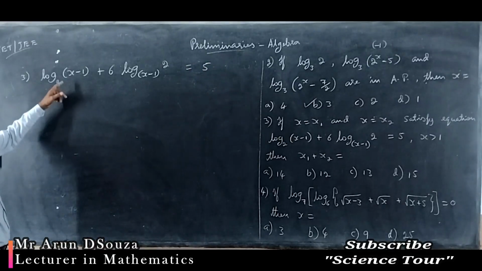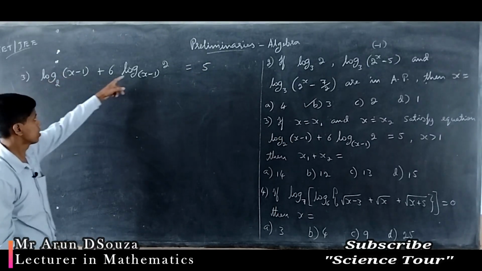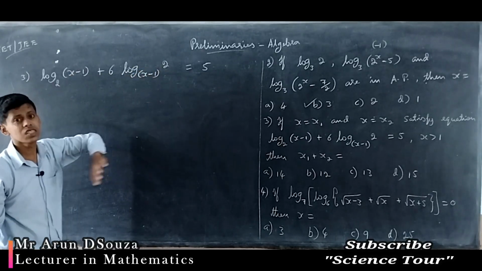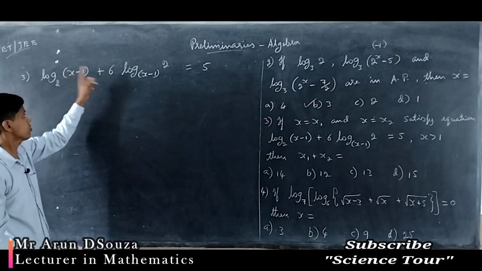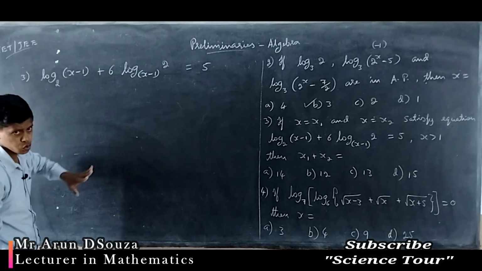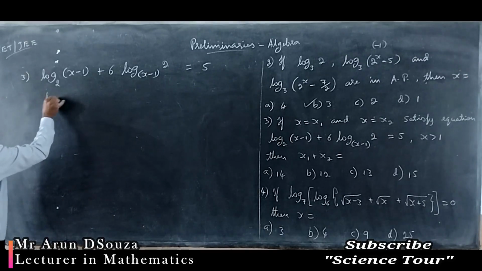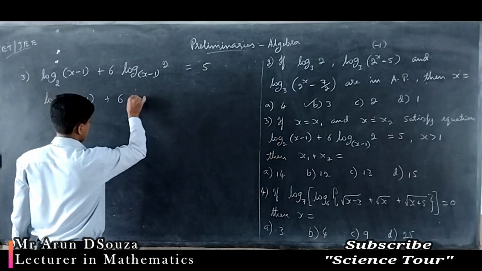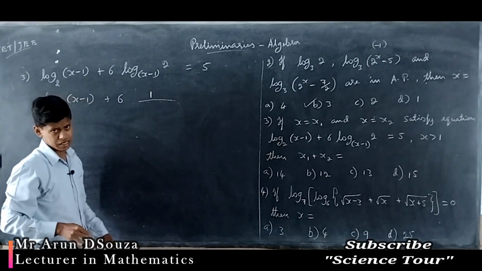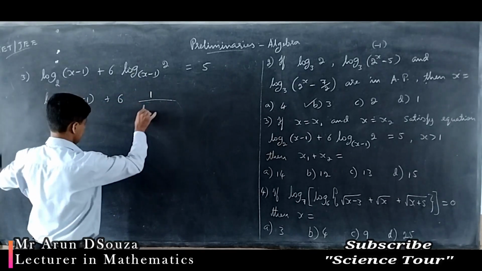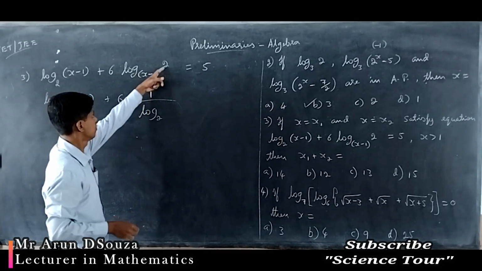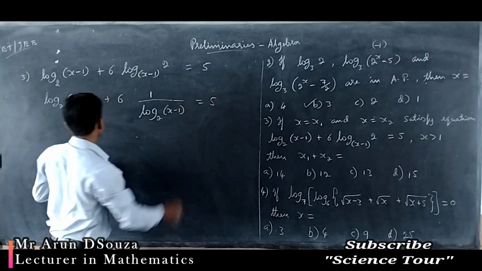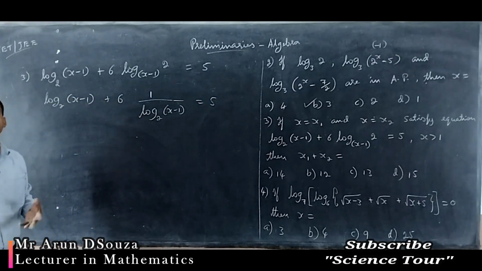Now look at this, you have log of x minus 1 with base 2, and here the base and the number have shifted their places, so we can have log to the base 2 common. So I will write the reciprocal. See why I am writing the reciprocal: because then this will be the base, so that I can make things equal here.